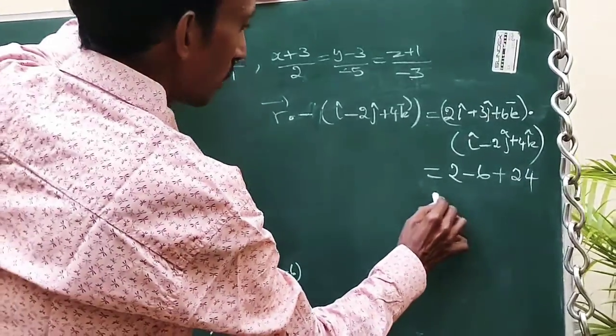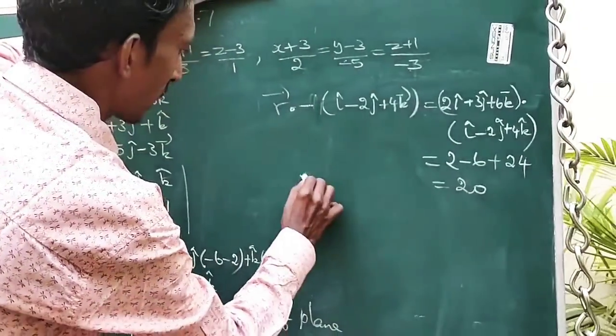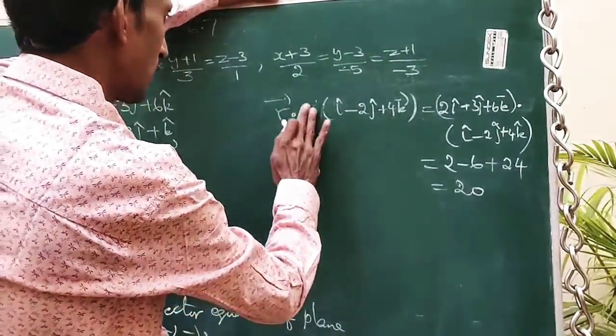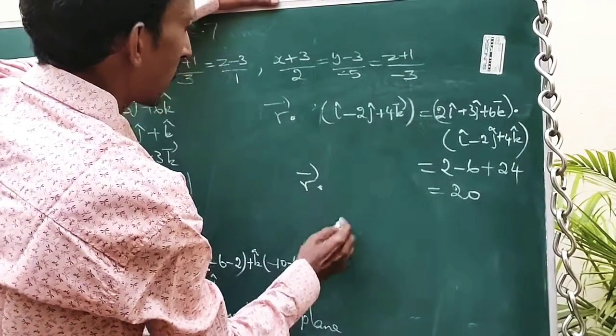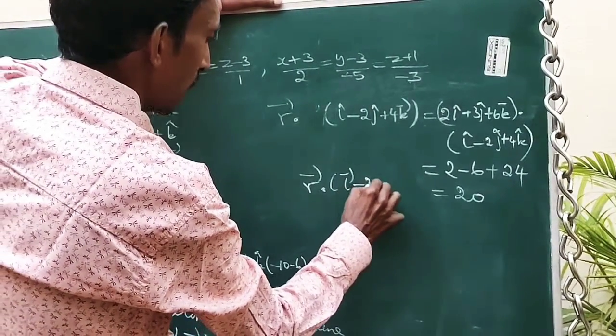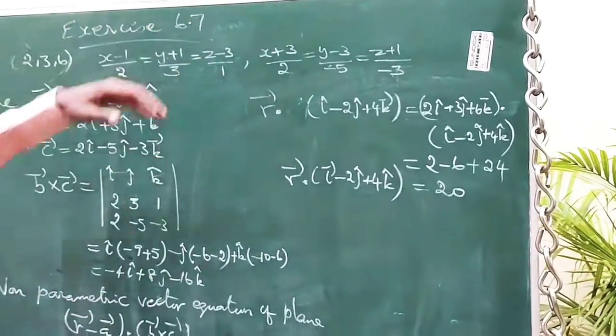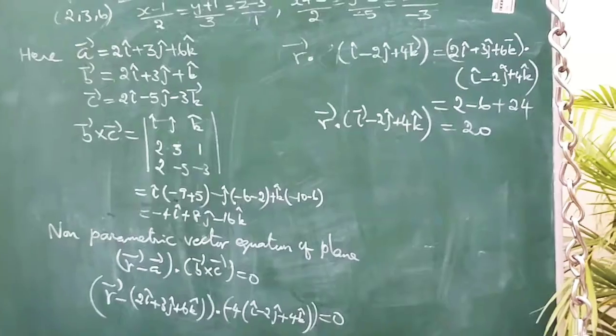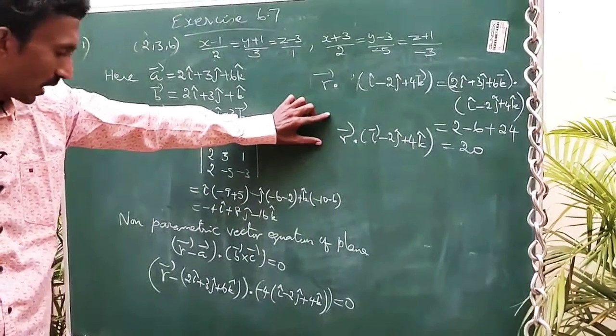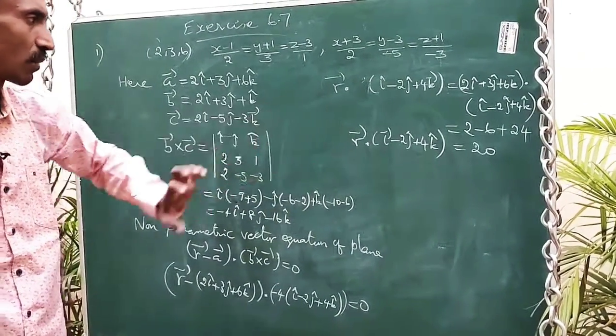So we are getting 20. So r vector dot i minus 2j plus 4k equal to 20. It is the non-parametric vector equation of the plane.